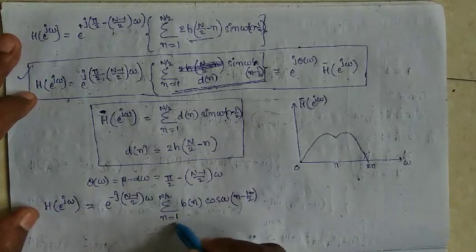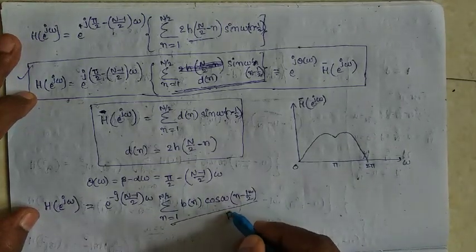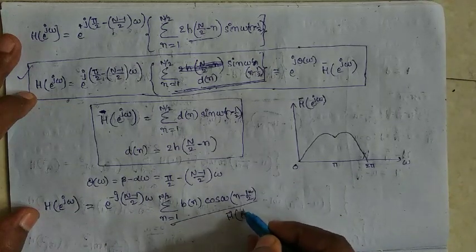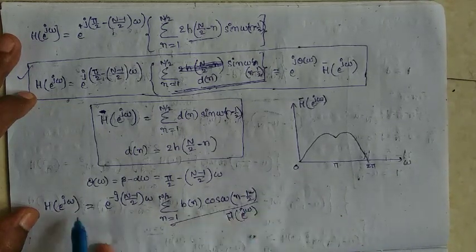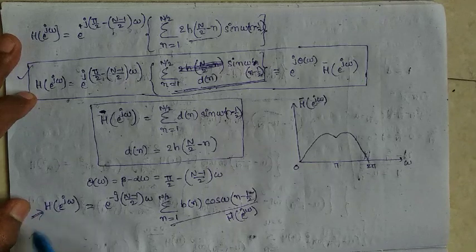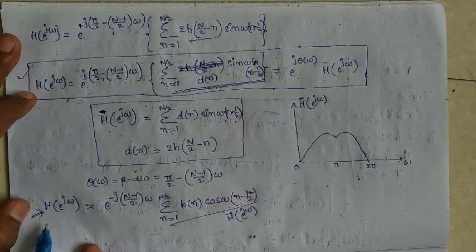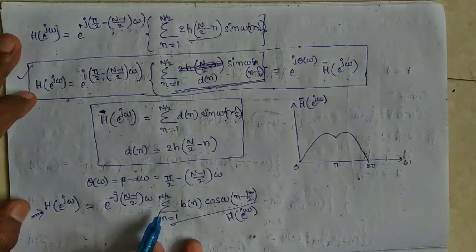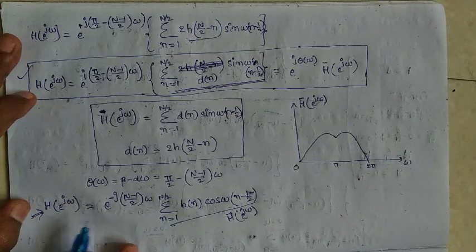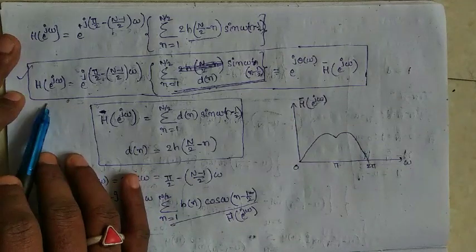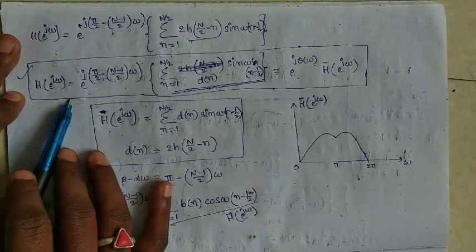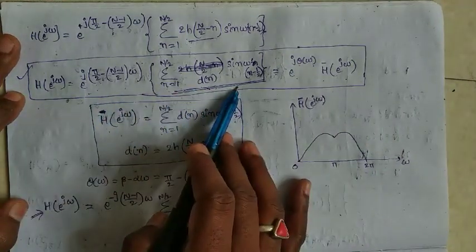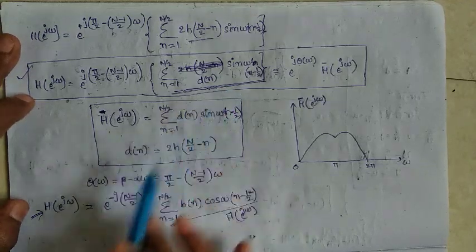Here this indicates H bar(e^jω), the zero phase response. This is the frequency response of symmetrical impulse response for N even, and this is the frequency response of anti-symmetrical impulse response for N even.